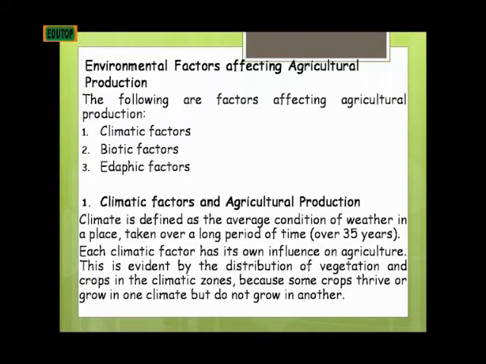Climate is defined as the average condition of weather in a place, taken over a long period of time. Let's just say the average of 35 years. Each climatic factor has its own influence on agriculture. This is evidenced by the distribution of vegetation and crops in the climatic zones, because some crops thrive in one climate but do not grow in another.